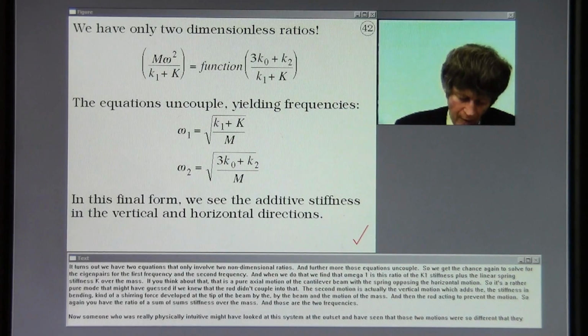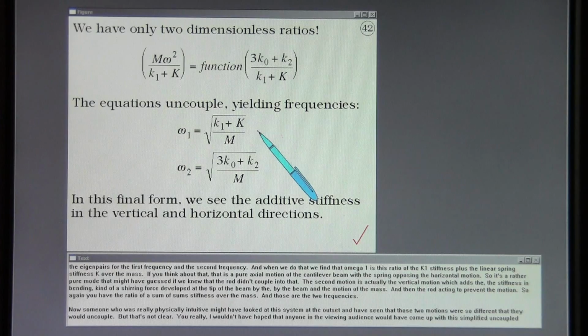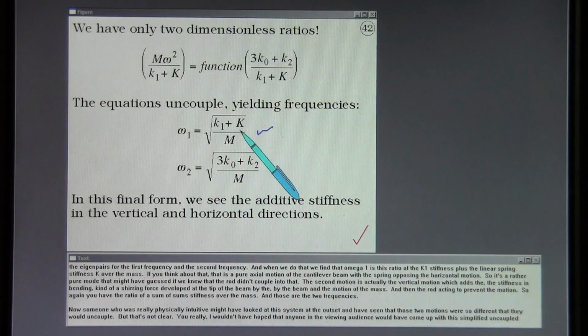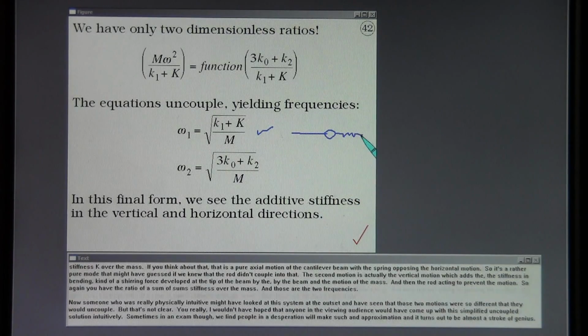And when we do that, we find that omega 1 is this ratio of the K1 stiffness plus the linear spring stiffness K over the mass. If you think about that, that is a pure axial motion of the cantilever beam with the spring opposing the horizontal motion. So it's a rather pure mode that we might have guessed if we knew that the rod didn't couple into that.